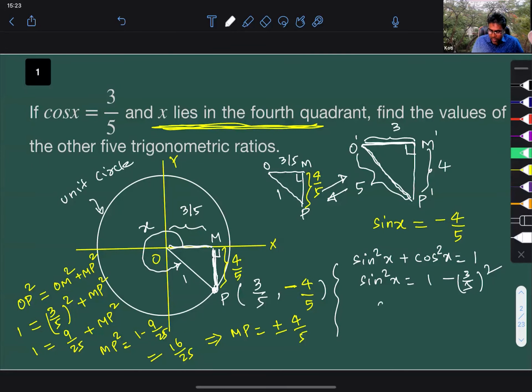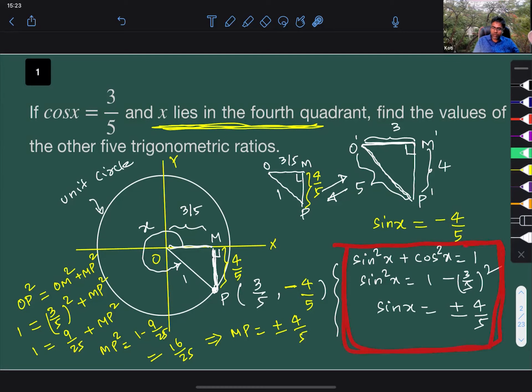But once you get sine x value as plus or minus 4 by 5, if you have in your mind that my sine x has to be negative because they're talking about fourth quadrant, then you should always do only this, like Sudhanya did.